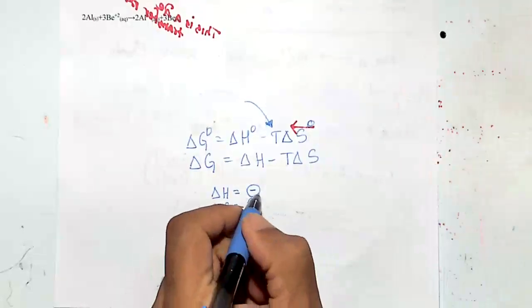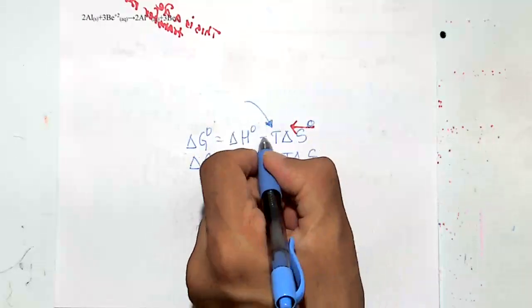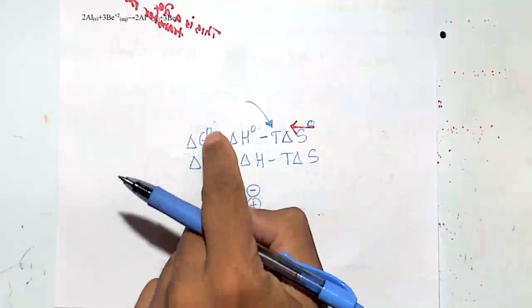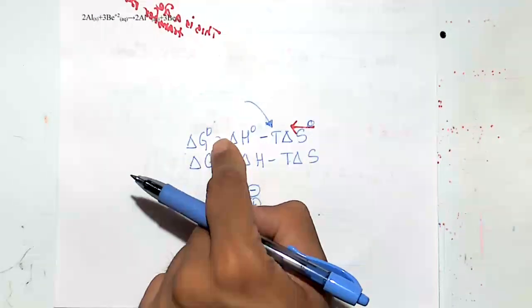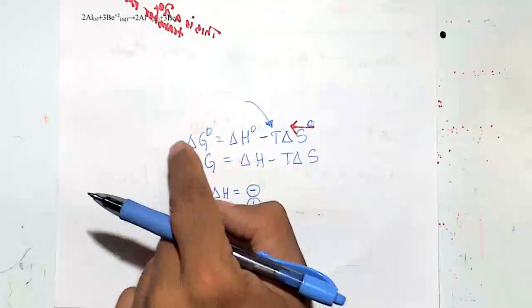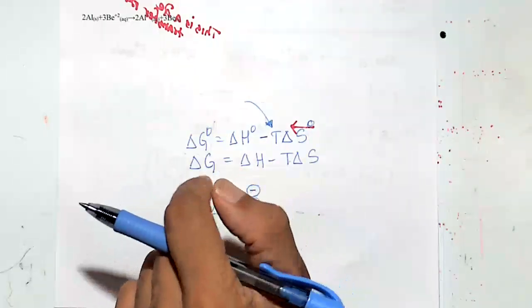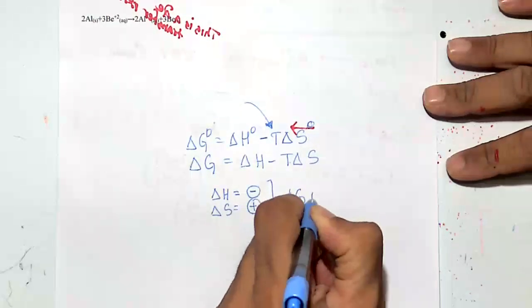Okay, that would be a spontaneous reaction, more disorder. Imagine putting a positive here. So if you put a positive delta S and a negative delta H, no matter what, negative multiplied by a positive, no matter what temperature, the delta G will be negative.